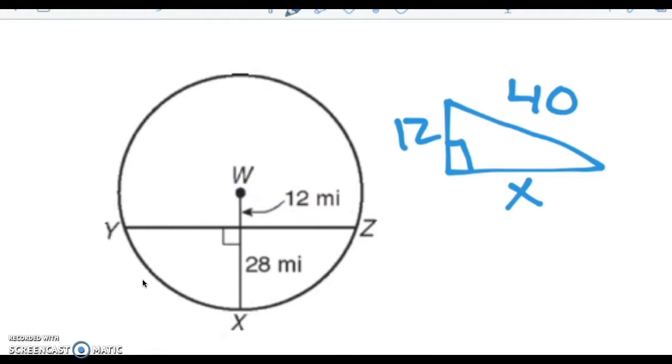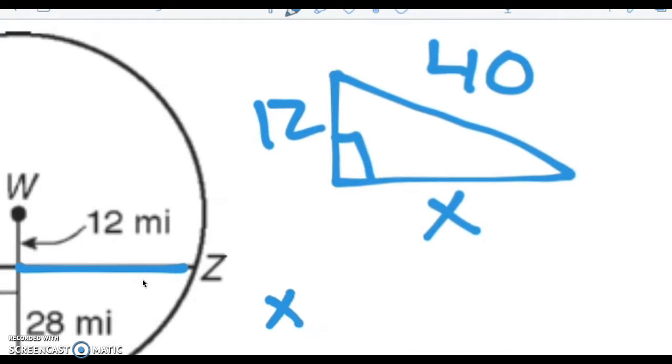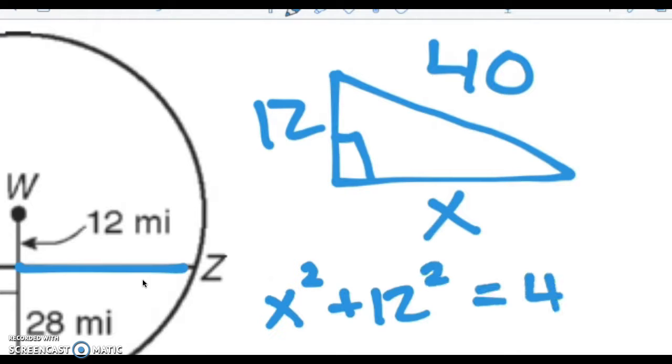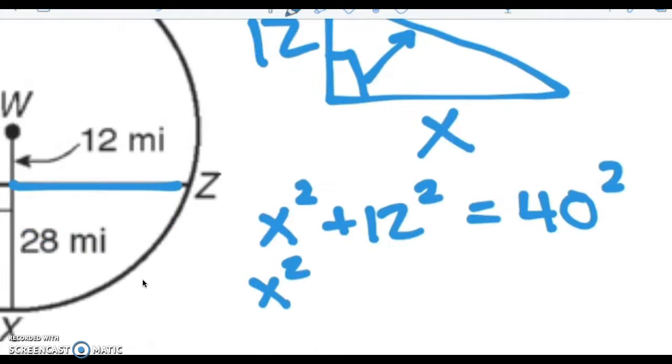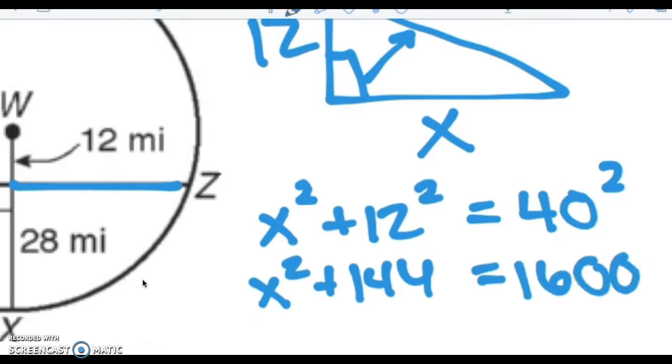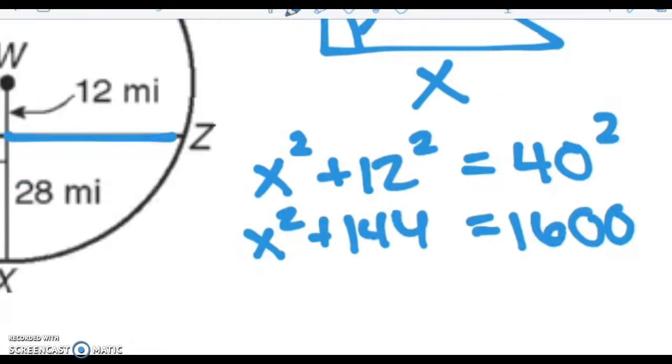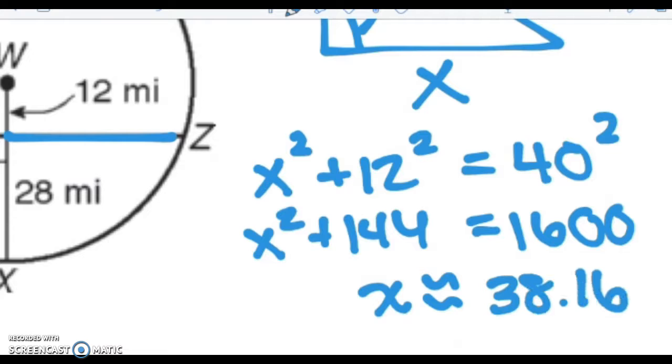So now I can figure out at least from Z to that midpoint. So I'm going to do x squared plus 12 squared equals 40 squared. Because remember, my hypotenuse needs to be by itself. So x squared plus 144 equals 1600. And so that gives me that x is approximately 38.16.